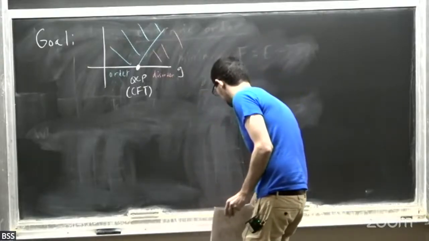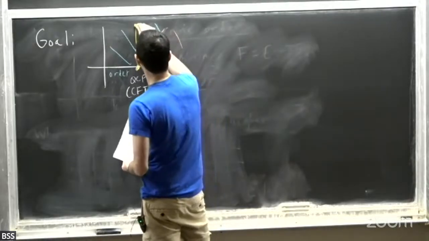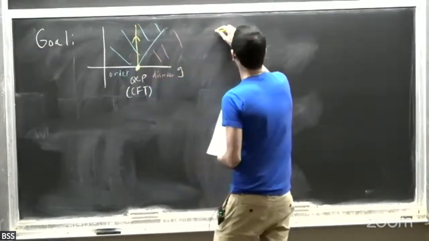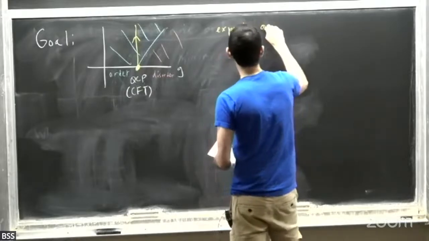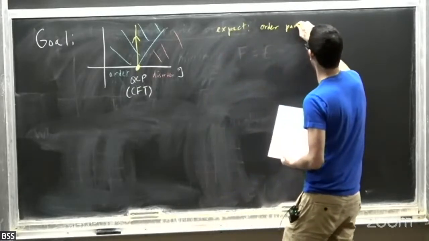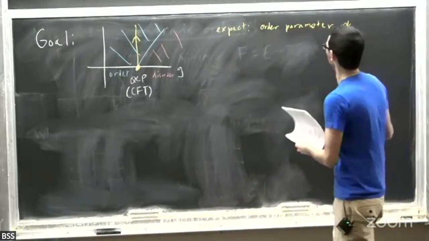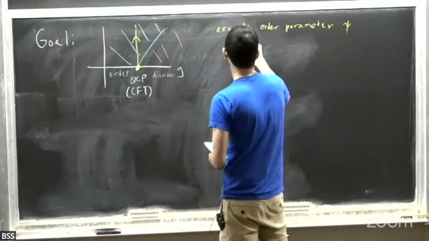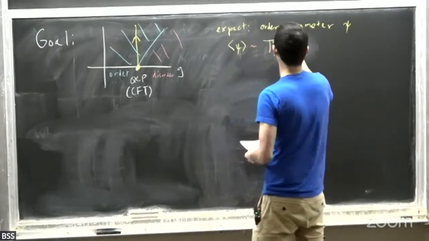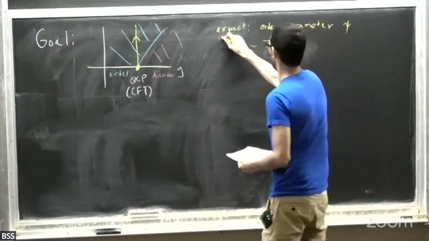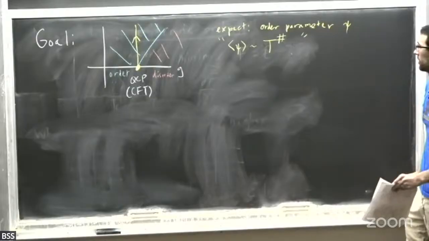In particular, if I follow the line starting from the critical point and just going up in temperature, I might expect that if I have some order parameter, which I'll call psi for good measure, the expectation value of psi scales as temperature to some power, in the crude physics sense, where we restrict to one replica.